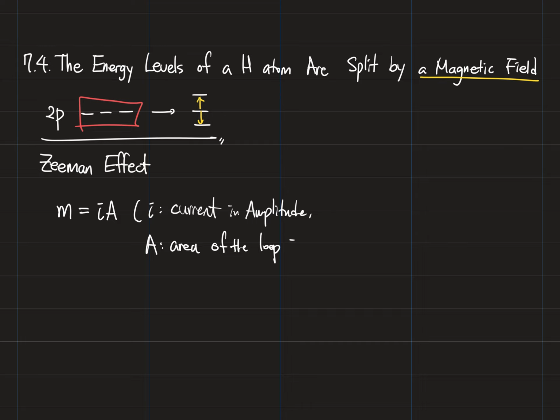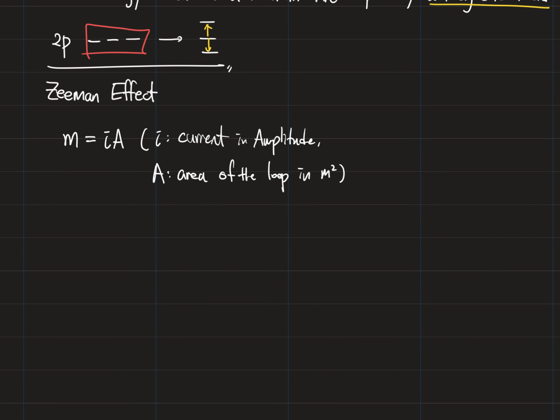This is given in square meters. And the current I can be calculated by the charge Q multiplied by the velocity divided by 2 pi r, which is the circumference of that circle.